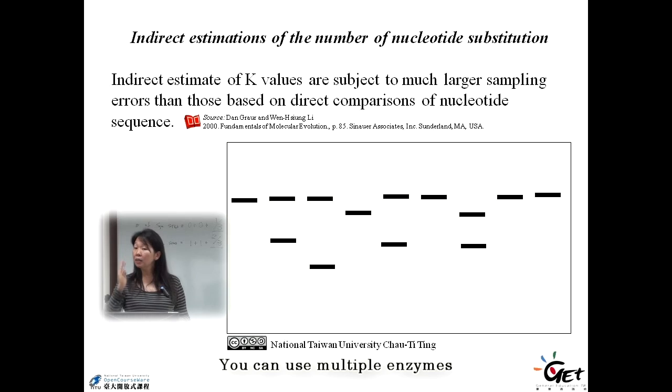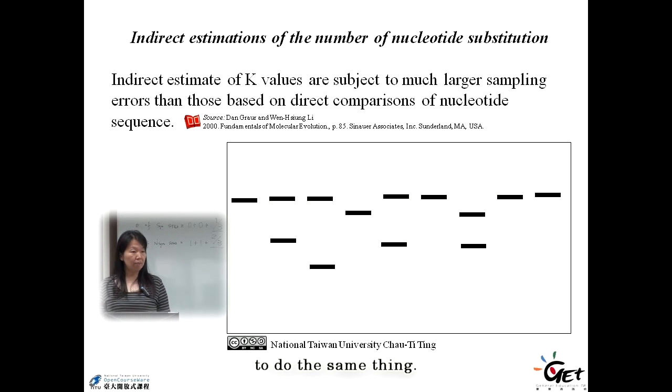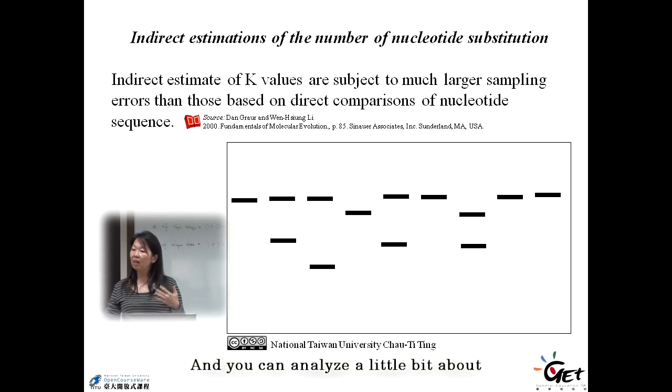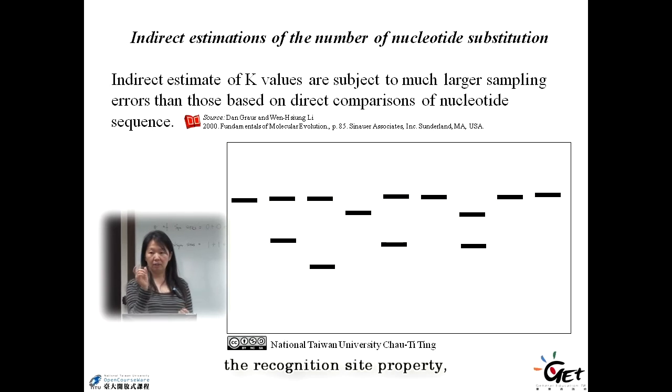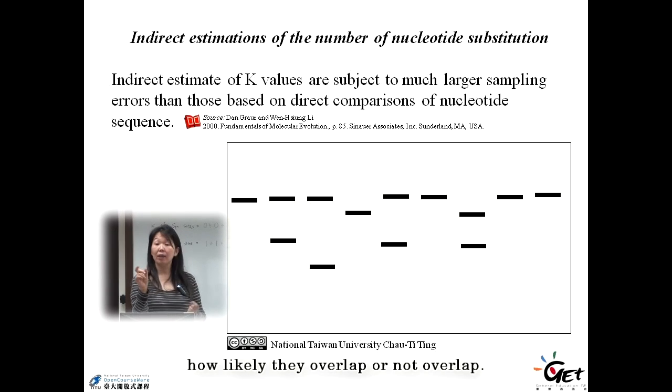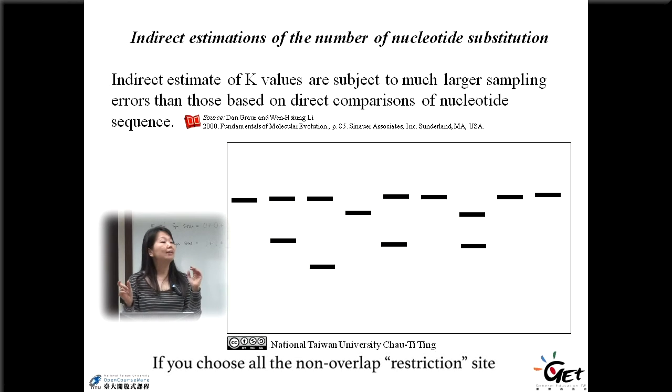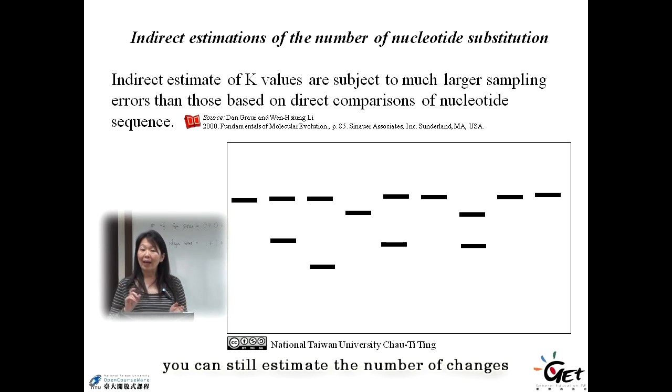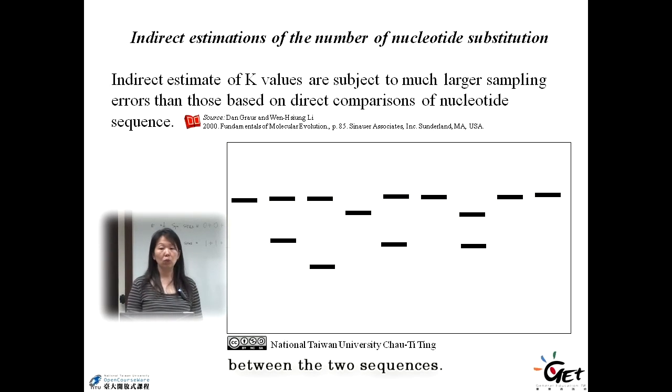You can use multiple enzymes to do the same thing, and you can analyze a little bit about the recognition site property, how likely they overlap or not. If you choose all non-overlapping restriction sites, you can still estimate the number of changes between the 2 sequences.